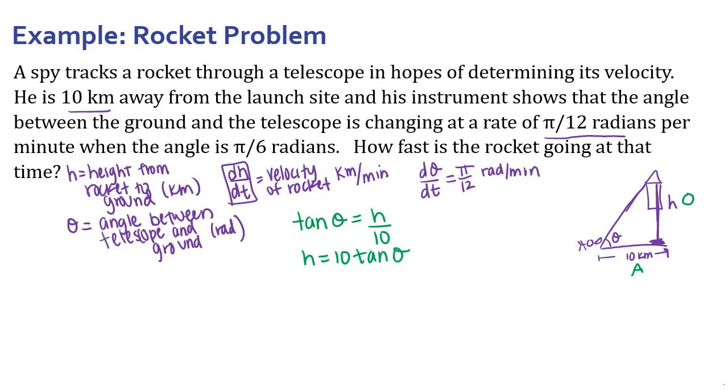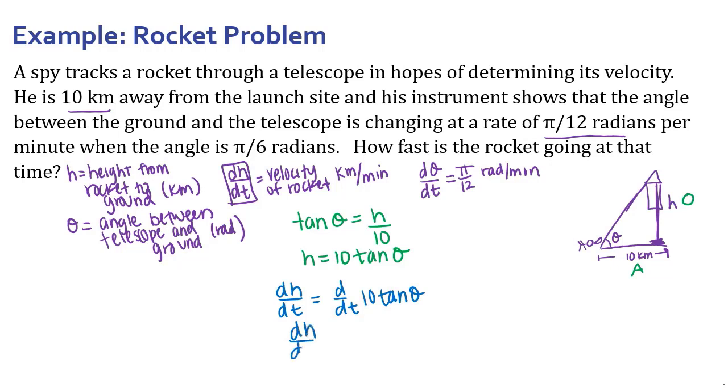Okay, so I have now done step 4 where I found a formula that relates those two variables together. So now, again, I'm solving for a rate, so let's take the derivative of both sides. I'm going to get the derivative of h with respect to time equals the derivative with respect to time of 10 tangent of theta.